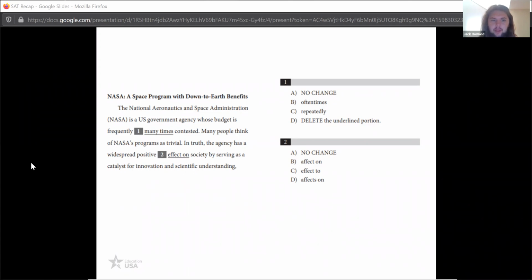Okay, so I'm seeing D a good deal. Could anyone explain why they chose D? Mauricio?